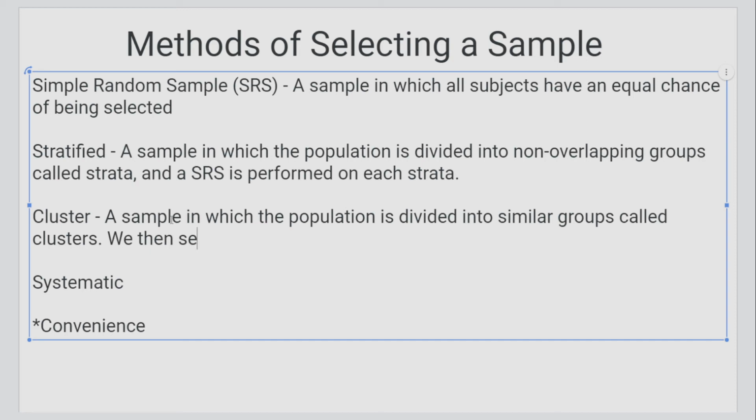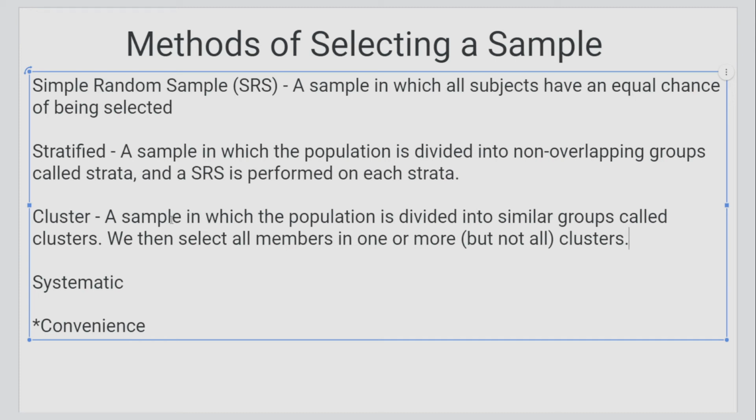We then select all members in one or more, but not all, clusters. So the biggest difference between a cluster sample and a stratified sample, well, there's 2 main differences, is that in a clustered sample, all the groups are similar.